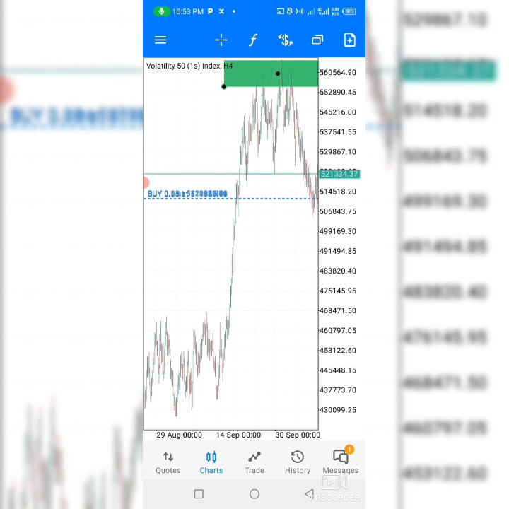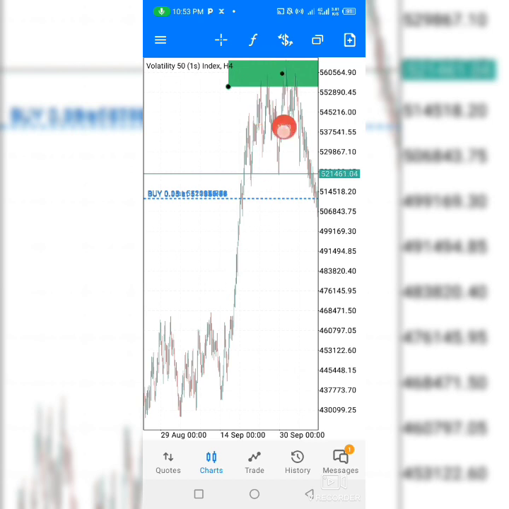When you create a zone, depending on how price plays with that zone, if the price is moving up, like this is an uptrend, if the price breaks it and goes up and retests, then it's going up. But if the price couldn't break it and keeps reversing and starts creating lower lows, you will definitely know that this market is changing direction.